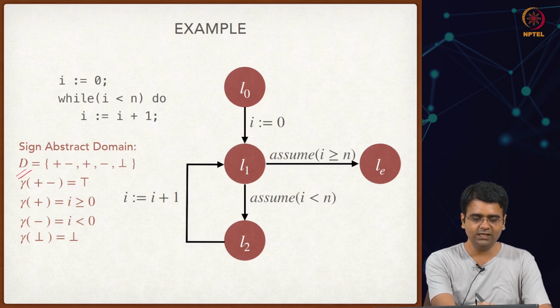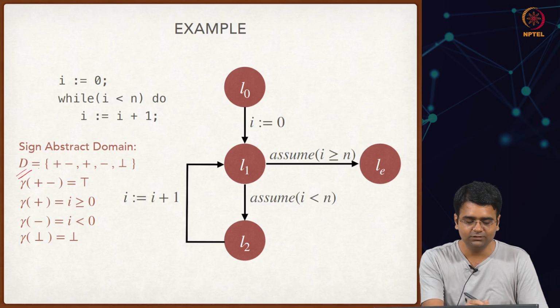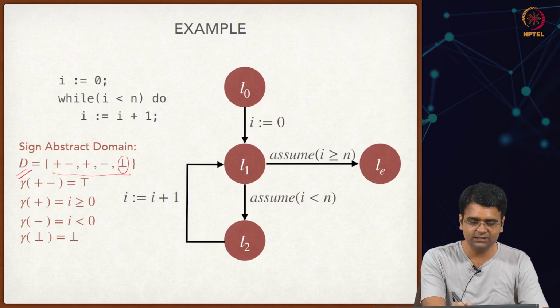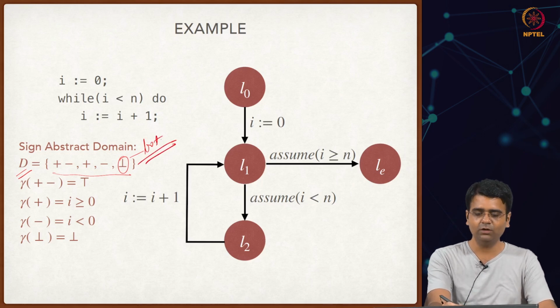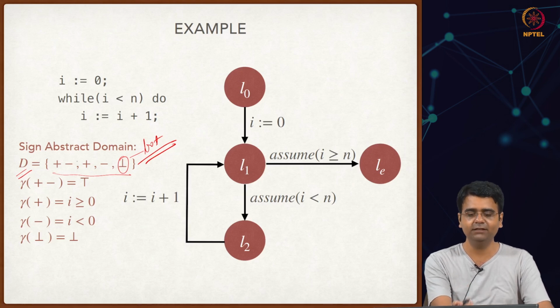Remember I said that I am going to associate an element of the abstract domain with every location in the program. So what are the elements of this abstract domain? There are 4 elements: plus, minus, plus minus, and bot. Here this is not false, but we will pronounce it as bot, and we will see why we call it that later on. Essentially, plus minus is over approximating the set of all possible program states, meaning the variable I can take any value, which is the formula true.